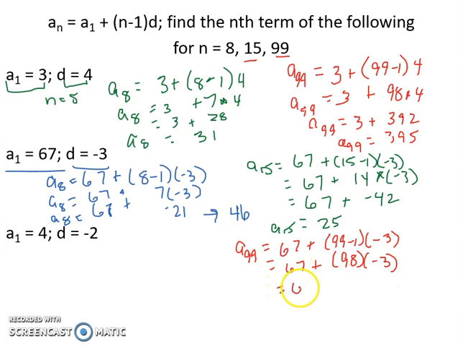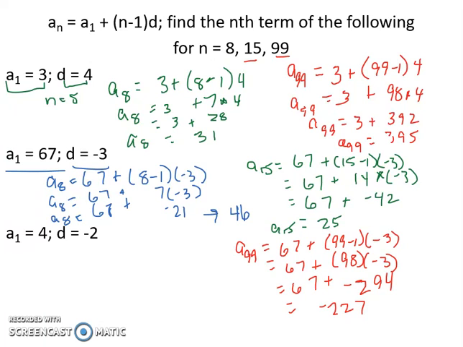And actually there are ways to show that this is true without doing all of those calculations. That's how they figured out the formula. In fact, it's a little bit of the distributive property. So negative 3 times 98 is negative 294. And we add 67 to that and we get negative 227. So we can see we can get larger, we can get smaller. It all depends on what we're working with.